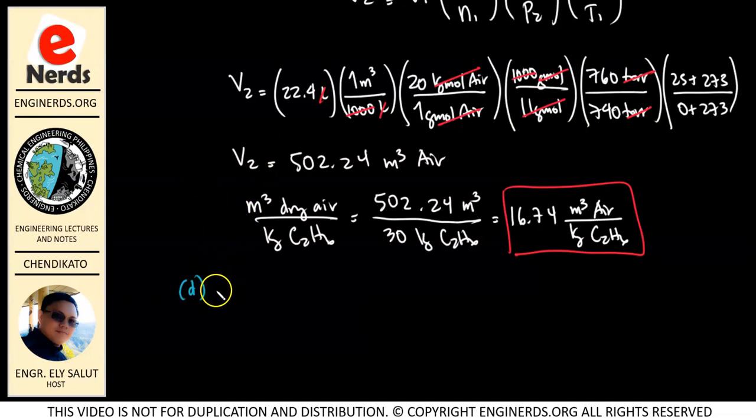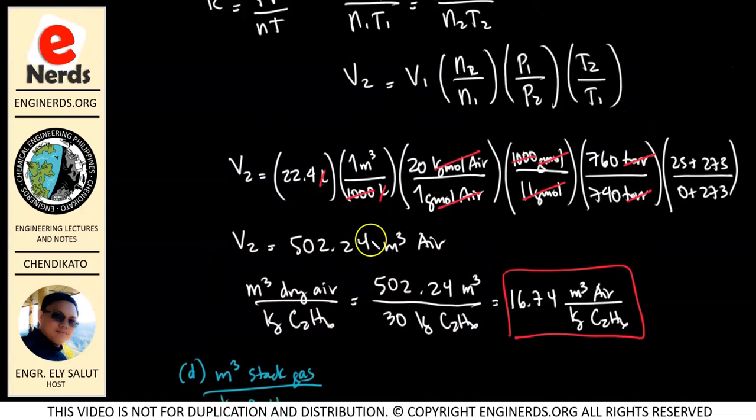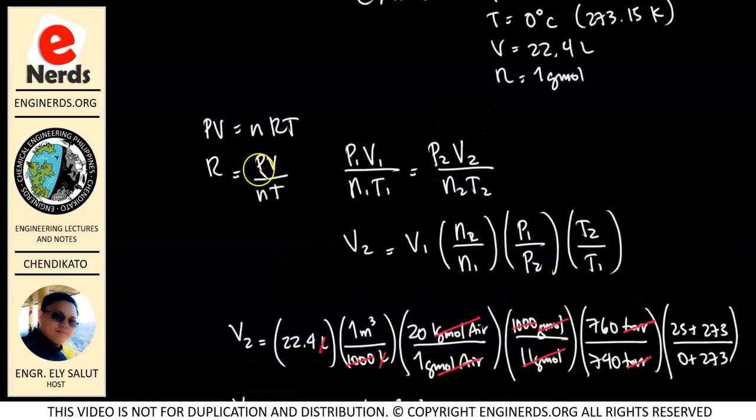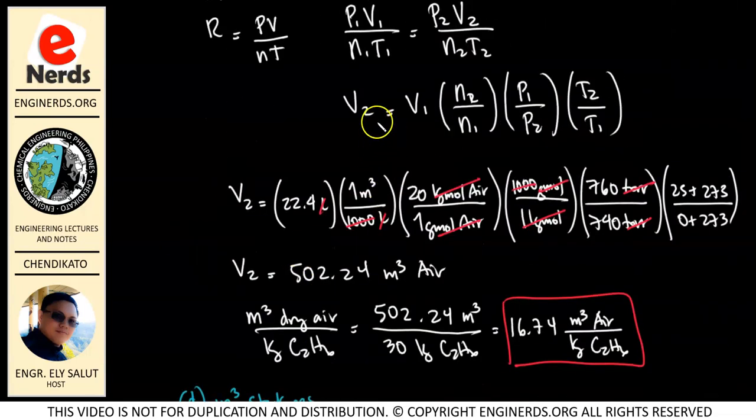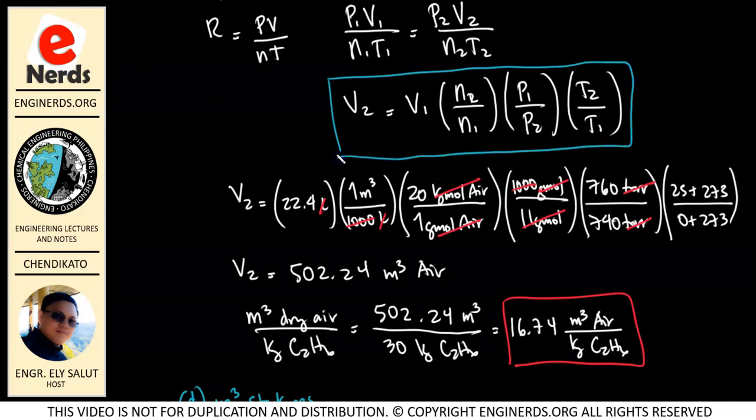We need to get the cubic meters of our stack gas per kilogram mole of C2H6. So it is similar to what we did earlier. We need to get the volume of our stack gas, so we will be using the same equation that we used here. Since we already have it, we just need to substitute our new values.